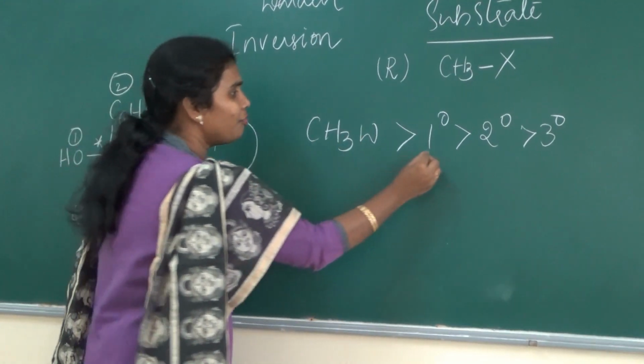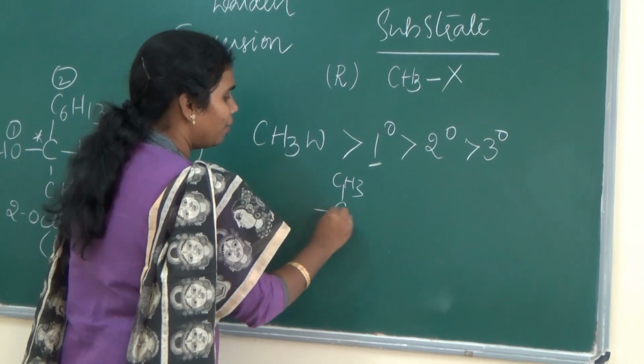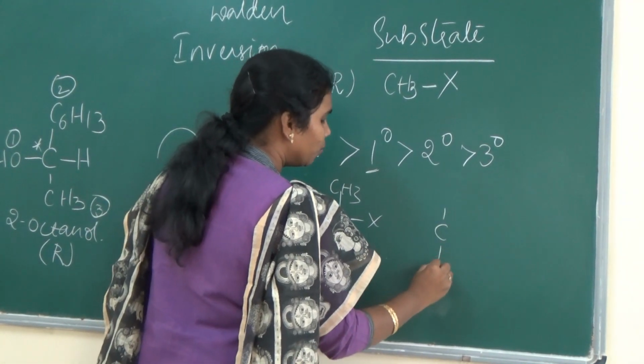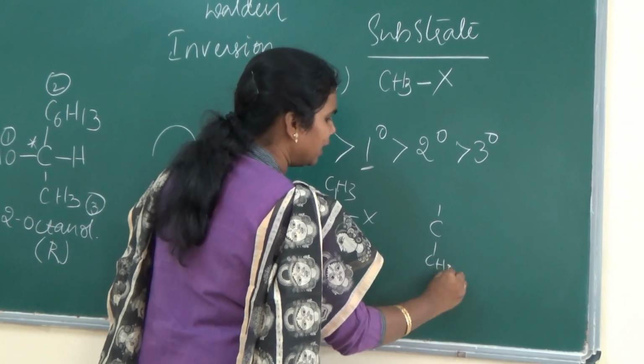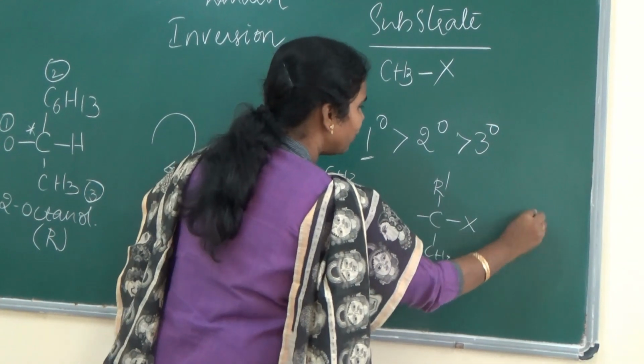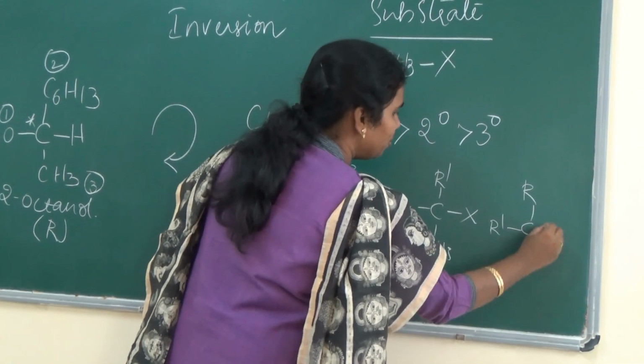Suppose in case of primary, there will be one alkyl group. In case of secondary, there are two bulky groups. Let it be any bulky group. In case of tertiary, there will be three bulky groups.